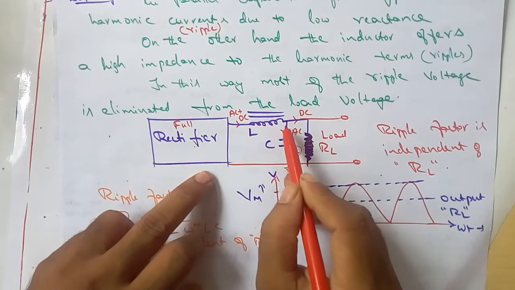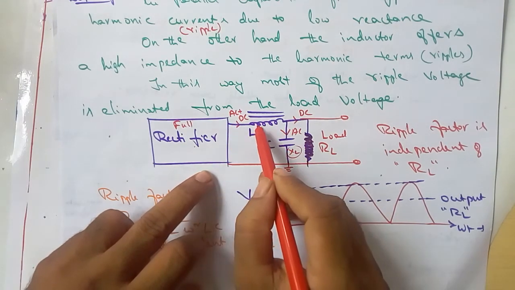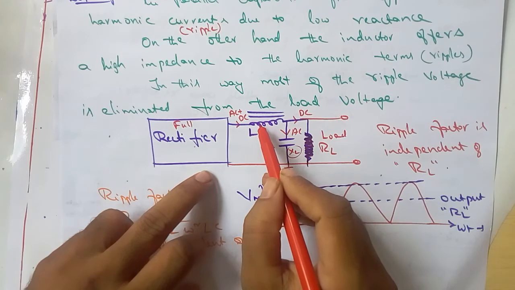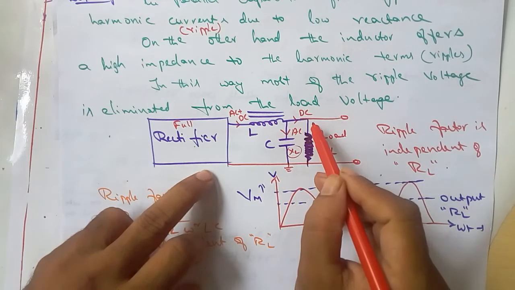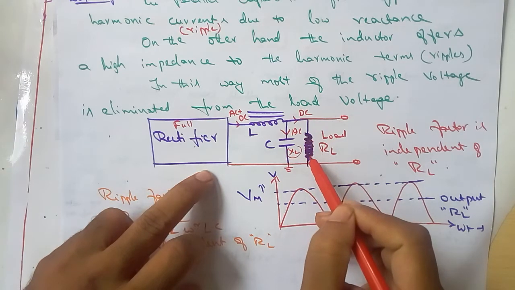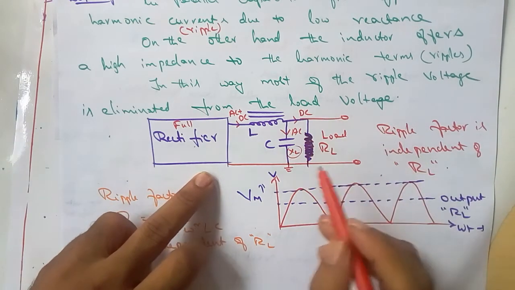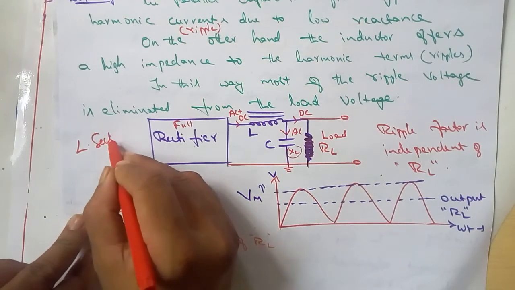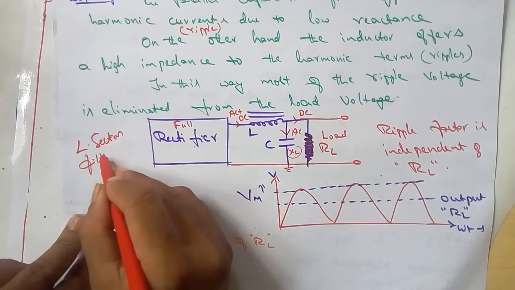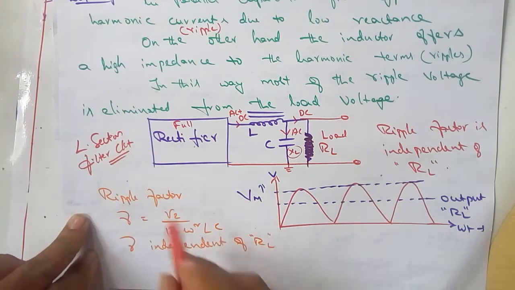Then we got this inverted L. First you form the series inductor filter, then add the parallel capacitor filter, and next add the load resistance. Then we get what is called the L section filter. So this is the L section filter circuit diagram.